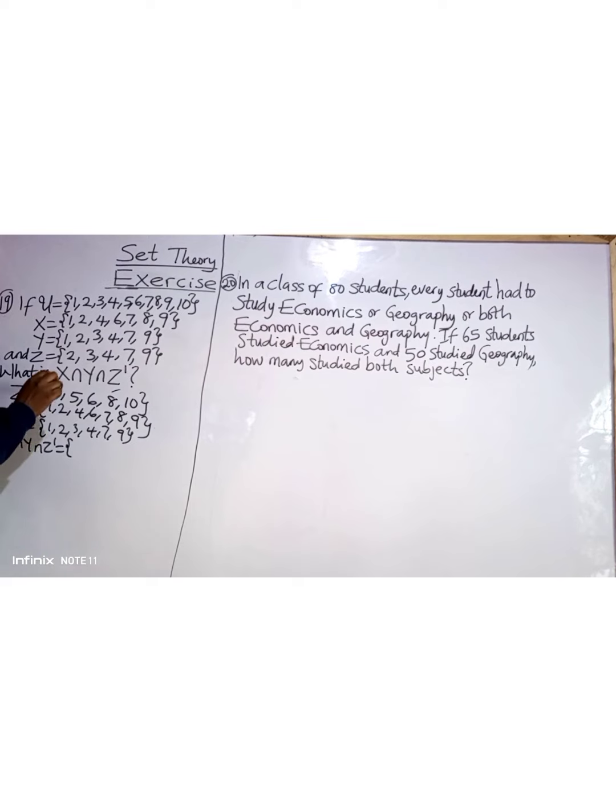Let's see. 1 is in Z prime, 1 is in X, 1 is in Y. So write 1. 2 is not common. 5 is not common. 6 is not common. 7 is not common. 4 is not common. 3 is not common. 8, no. So it is only 1 that is common to them.